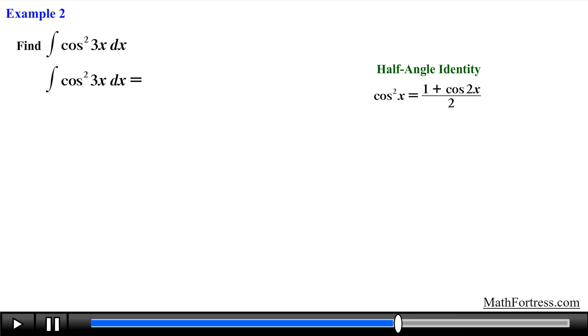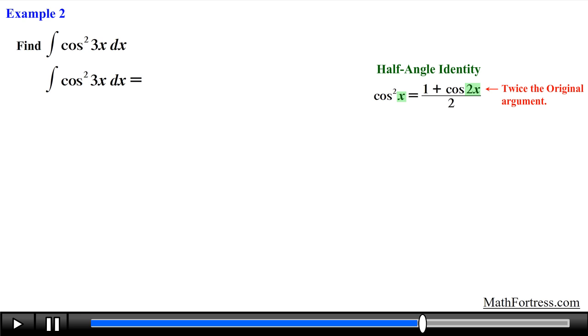odd power. Before we carry out the half-angle identity substitution, notice that the argument on cosine is something other than x. In this case, it's 3x. As a result, we need to take into account this distinction in the argument when we use the half-angle identity. The way we compensate for this distinction is by observing that the argument on cosine in the right side of the identity is twice the argument of cosine on the left side of the identity.